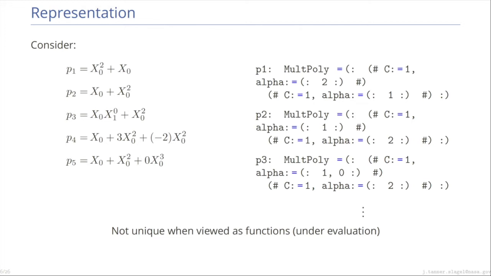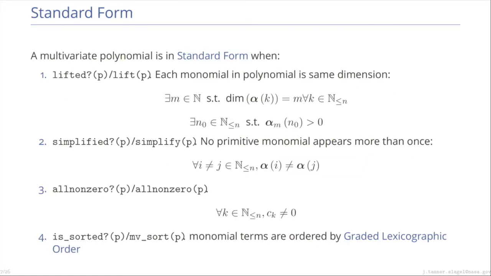And when I say unique, I mean unique in the sense of evaluation, or when we consider these polynomials as functions. So all 5 of these polynomials right here are the same in the sense of evaluation, yet they are syntactically different and can be written as such in PVS. So to create a unique representation of polynomials, we're going to develop the notion of standard form.